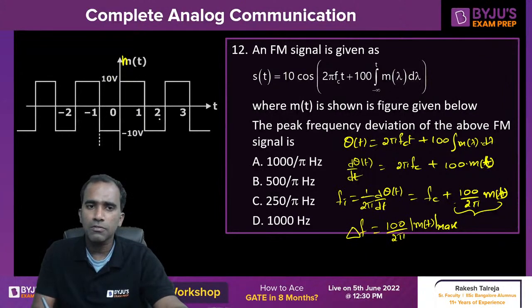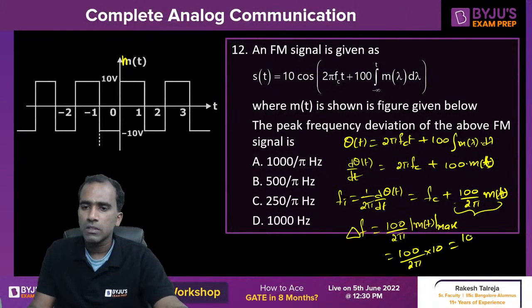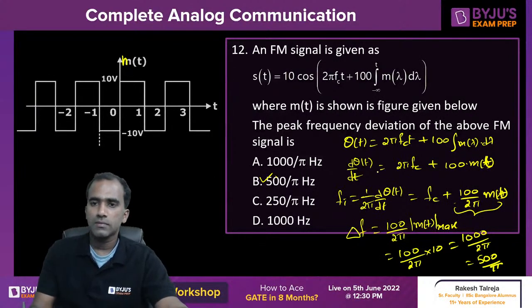If we take the modulus, the highest possible is 10. So 100 divided by 2 pi into 10 is equal to 1000 divided by 2 pi, or 500 divided by pi, which is option B.